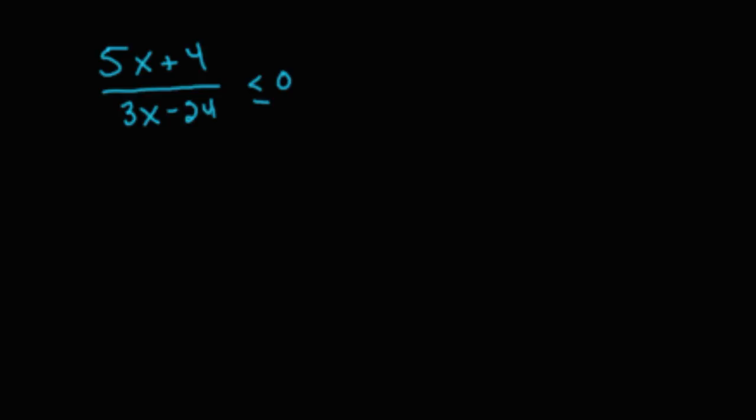So the numbers that we have to look at, the range that we'll have to look at, is when 5x plus 4 here is less than or equal to 0, and then 3x minus 24.